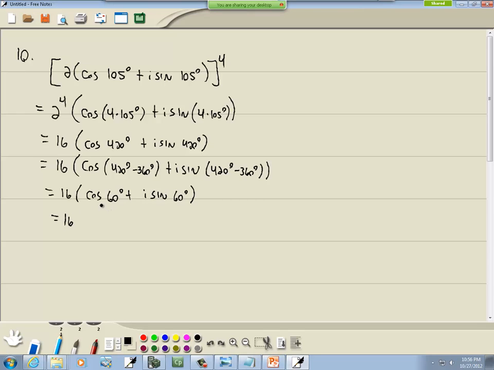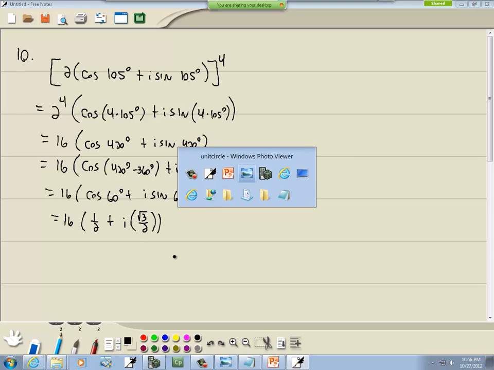Okay, looking on our unit circle, cosine of 60 degrees, what is that? That's 1/2, plus i, and sine of 60 degrees is square root of 3 over 2.